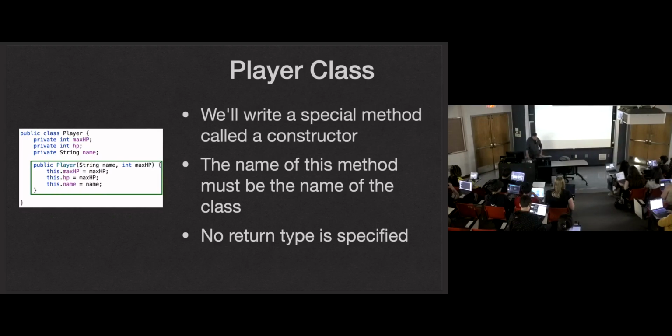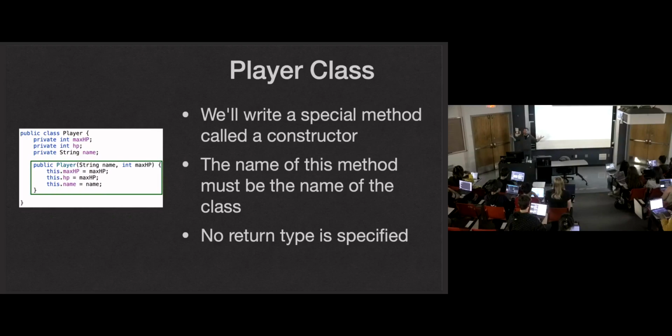What is the purpose of instance variables? It's like a spiritual question. What's the purpose of instance variables? If I want a multiplayer game, I want two different player objects in my game, each one controlled by a different human player.